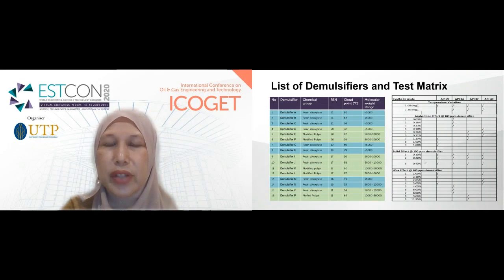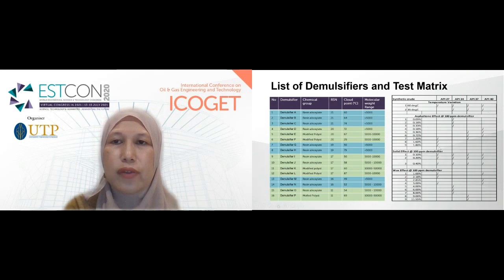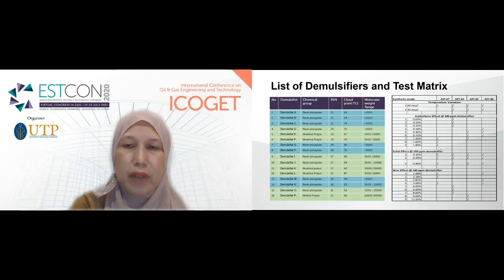As for the test matrix, it covers 4 types of synthetic crude, ranging from API 27 to API 40, and we tested them at 2 different temperatures: a lower temperature of 35 degrees C and a higher temperature of 60 degrees C. And we can see that we were varying the stabilizing agents of asphaltene, solid, and wax to see the effect of these stabilizing agents on your demulsification behavior.